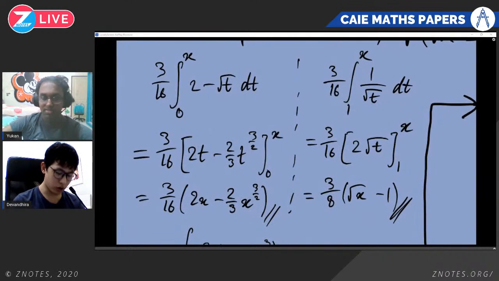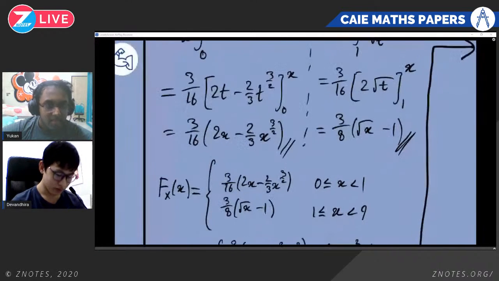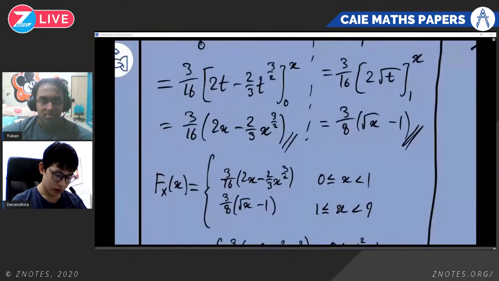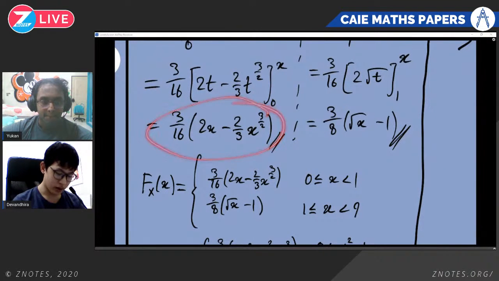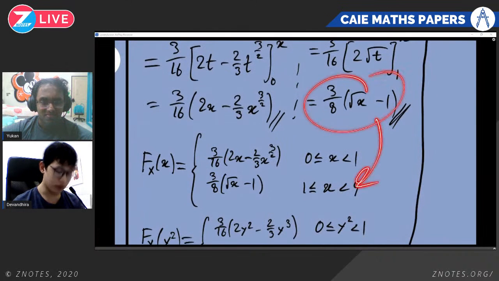And you can just integrate normally and put the boundaries. You should be getting these answers. So far, so good, right here? Right. So remember that this function occurs in 0 to 1, and this function occurs from 1 to 9.